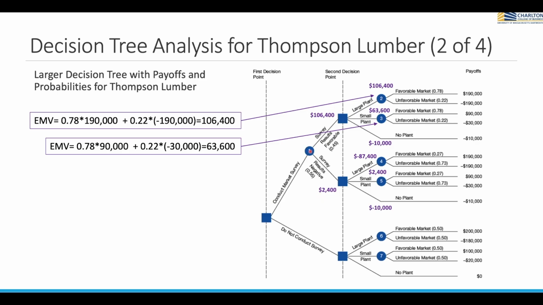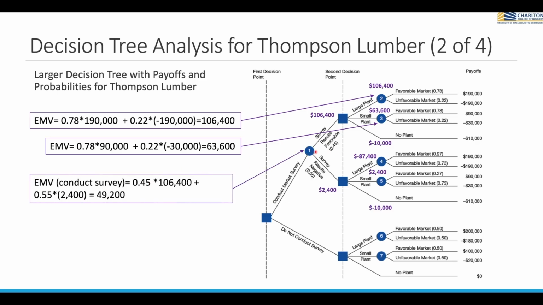Now, we also calculate the EMV for node 1, which is basically a weighted average between this payoff and this payoff. 45% of the time, the result of the survey is favorable. So the expected payoff would be 45% multiplied by $106,400, plus 55% or 0.55 multiplied by 2,400.